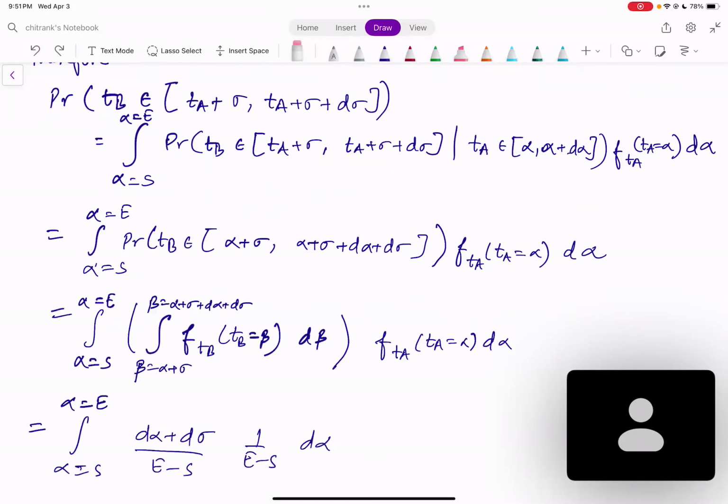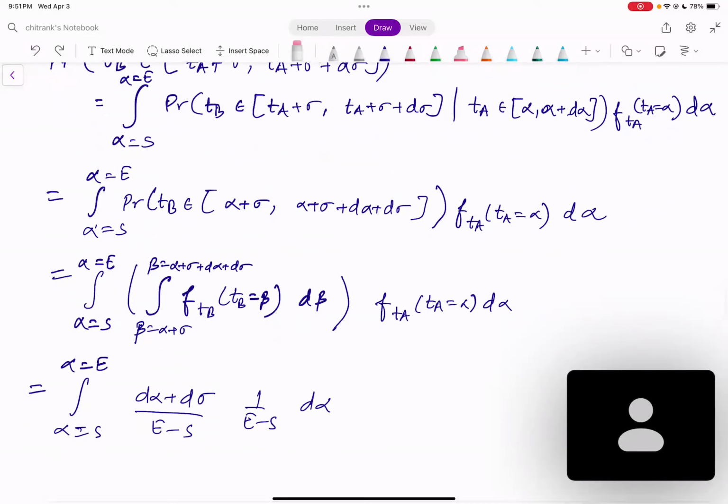And voila. It turns out that we can actually get a closed expression from this step onwards. Why? Because the probability that TB lies in this range can now be easily evaluated via integration. We integrate the probability density function of TB from alpha plus sigma to alpha plus sigma plus d alpha plus d sigma, and this gives you the probability that you're looking for.